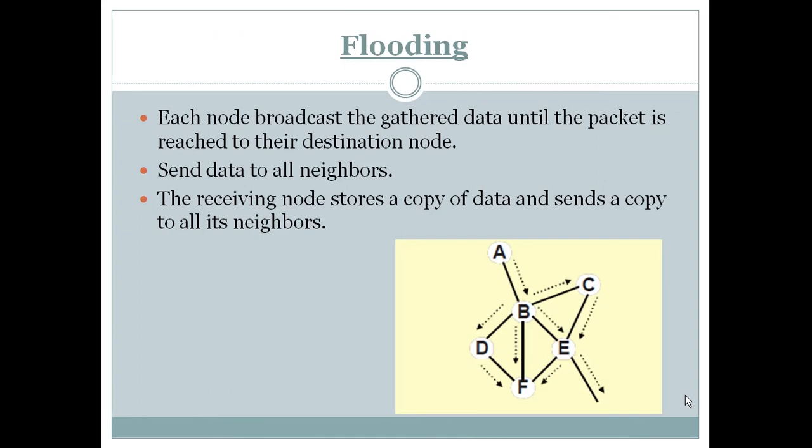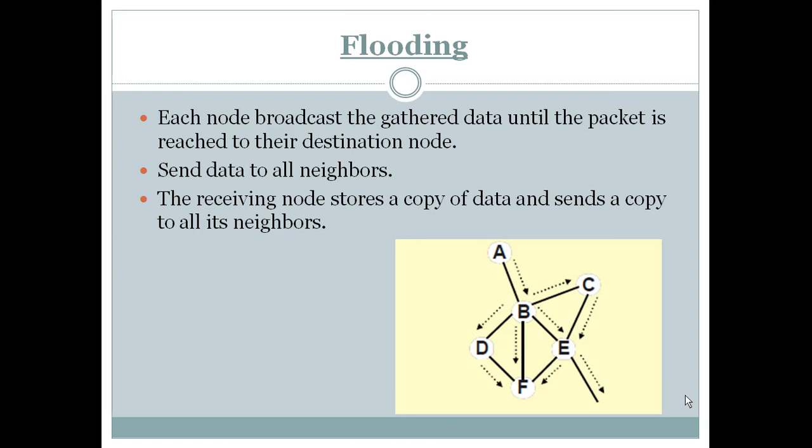The first approach is flooding. Here, the node broadcasts the gathered data to every neighbor node, and repeats this complete cycle until the maximum hop count is reached or the data has been delivered to the destination.